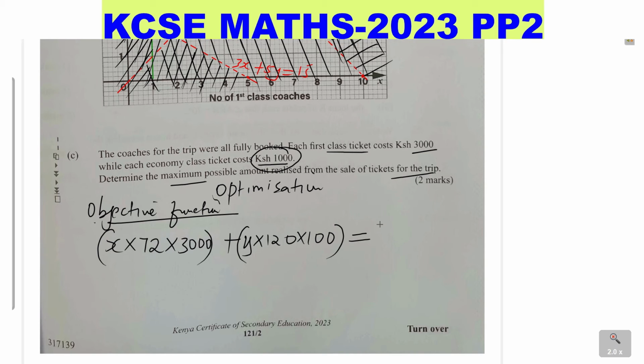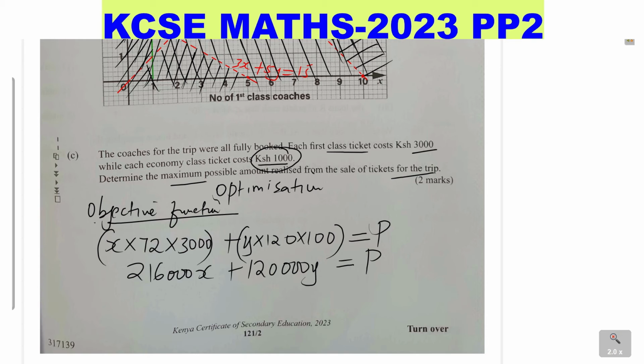It represents P, the profit, or the amount realized from the sale of the tickets. When you multiply these out, X times 72 times 3,000 gives 216,000X, plus this gives 120,000Y. This is equal to P, the amount realized for the sale of all the tickets.